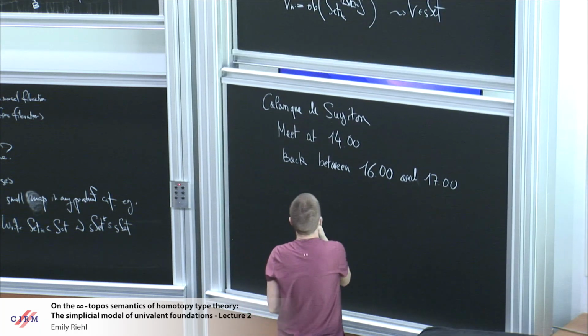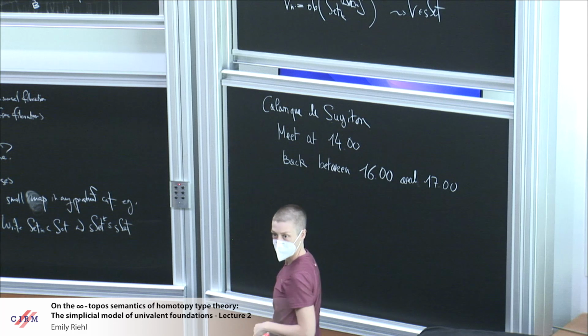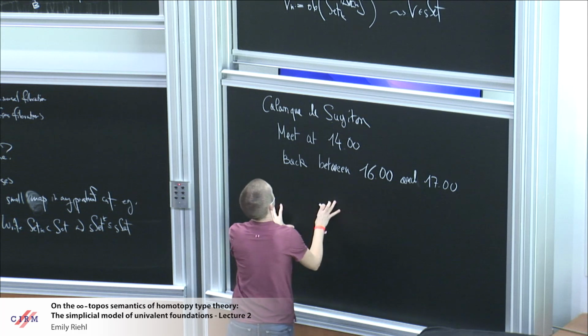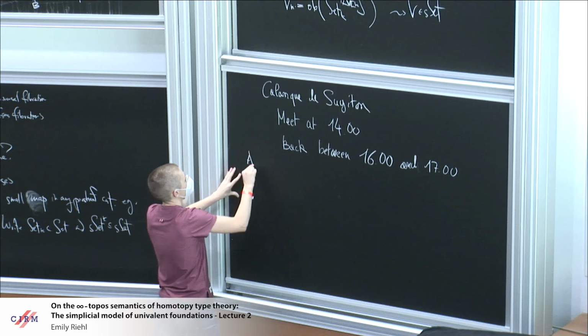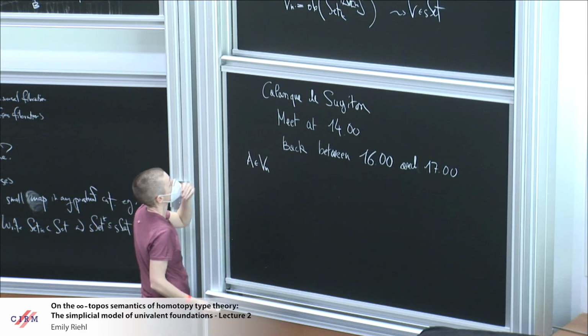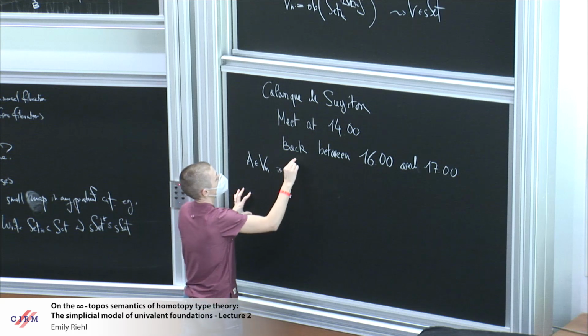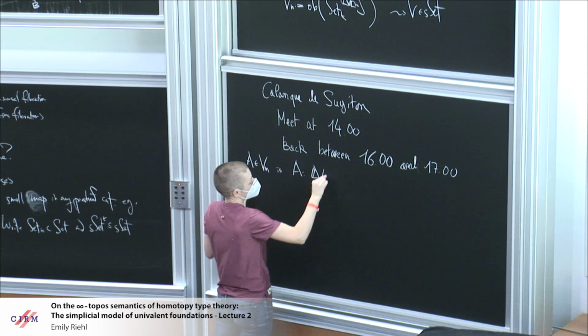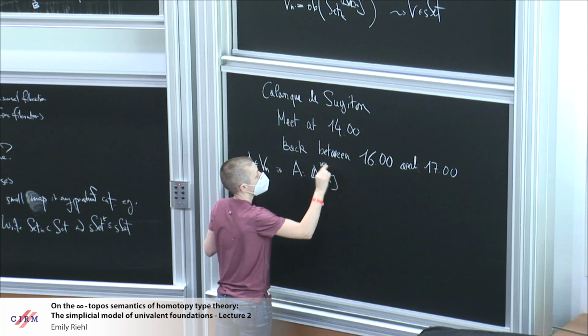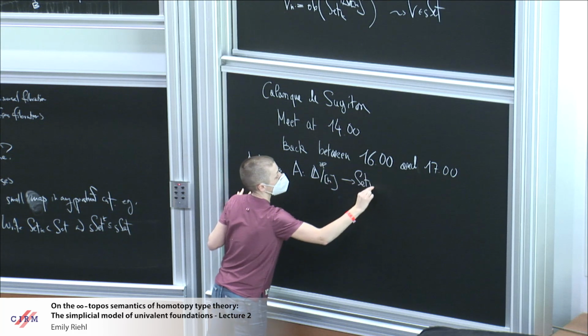So how do we think about an element in V_n, or an element in V? Again, what I'm saying is that A in V_n is, by definition, a functor called A. That's a presheaf on this category, valued in small sets.